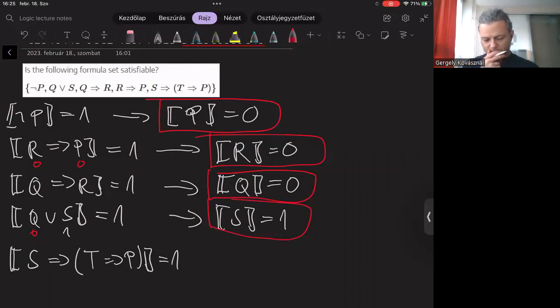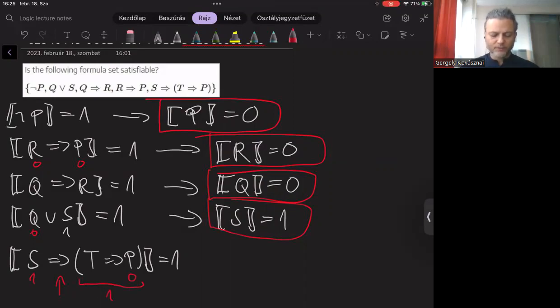And now let's see, what do we know already? Well, we know that S must be 1 and also P must be false. So since the main operator is an implication, and I know that the left-hand side S is 1, there is no other way to make this entire formula 1 than assigning 1 to the right-hand side as well.